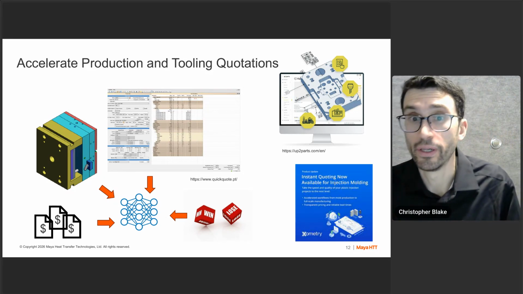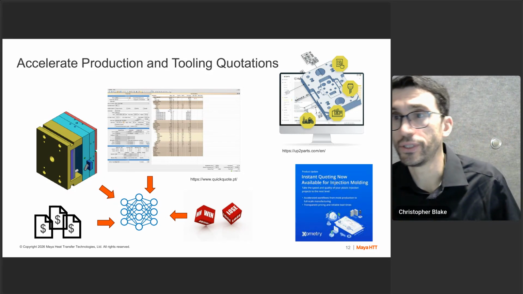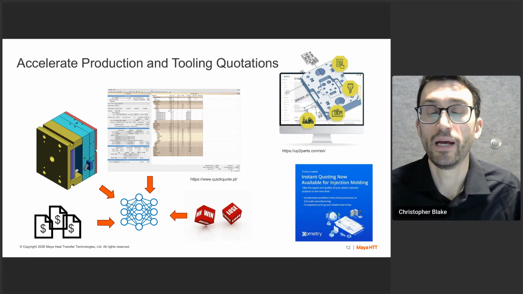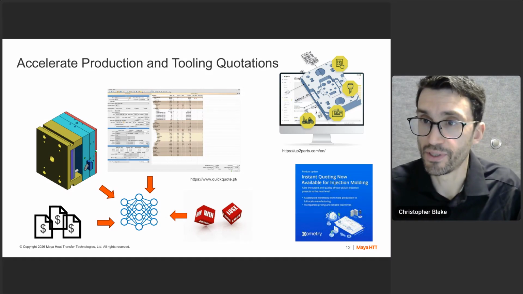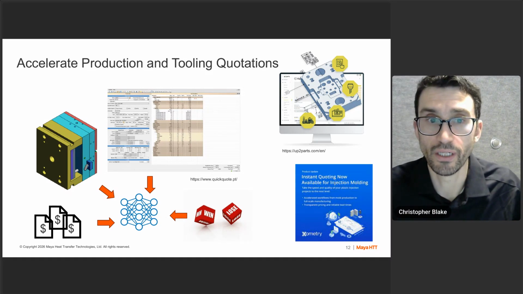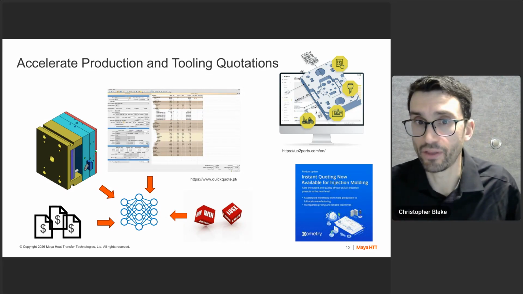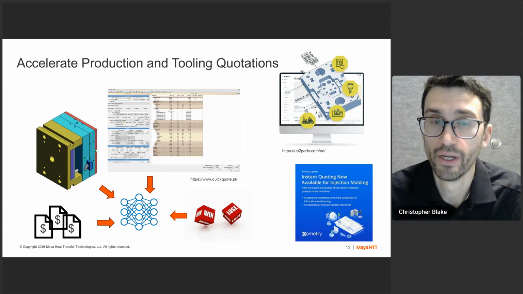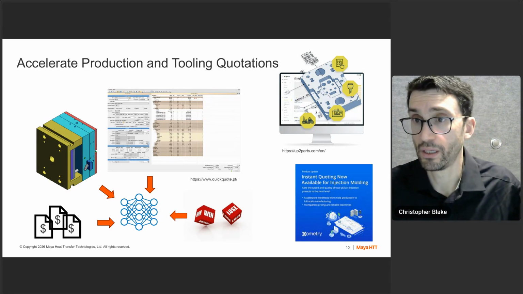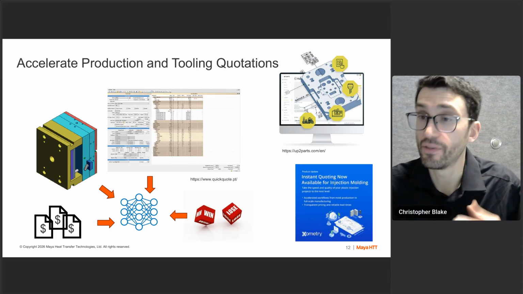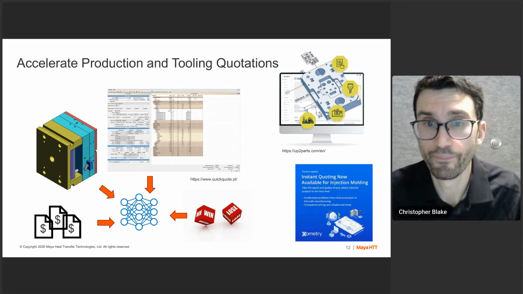Internally, however, each toolmaker or each injection molder has specific machinery, specific presses, injection mold machines, their own capabilities and expertise, and familiarity with the families of products that they serve. So a quote is going to be specific to the specific company.